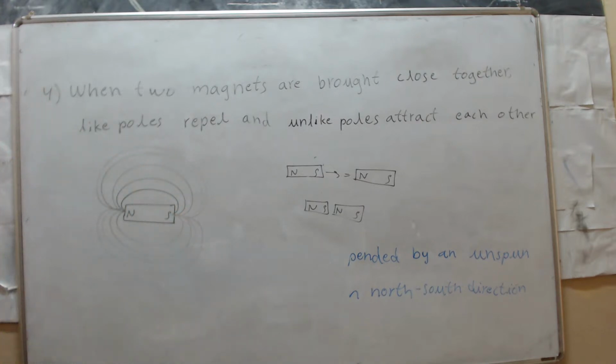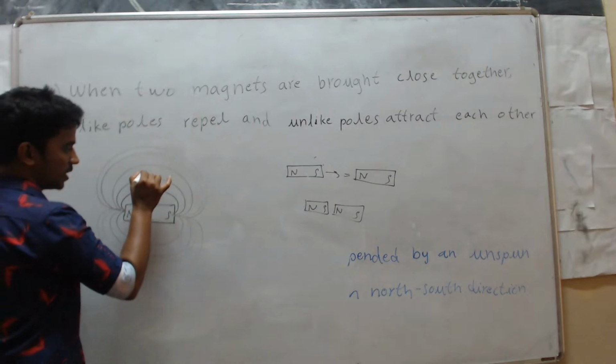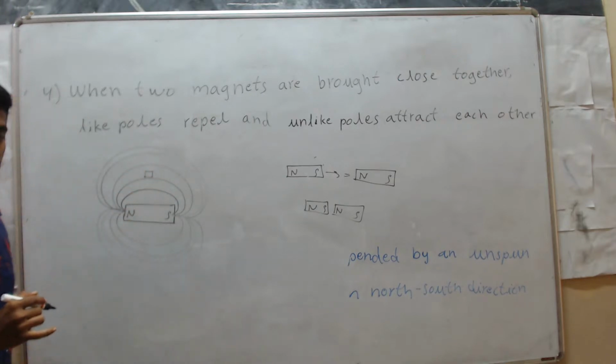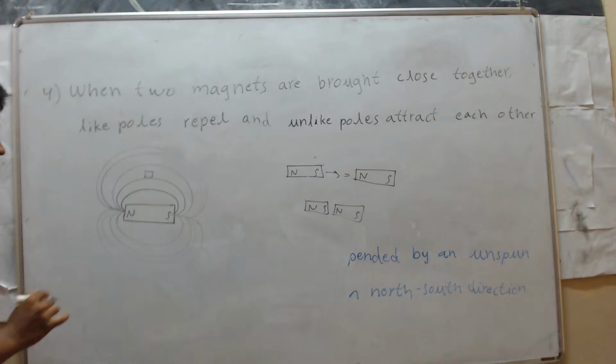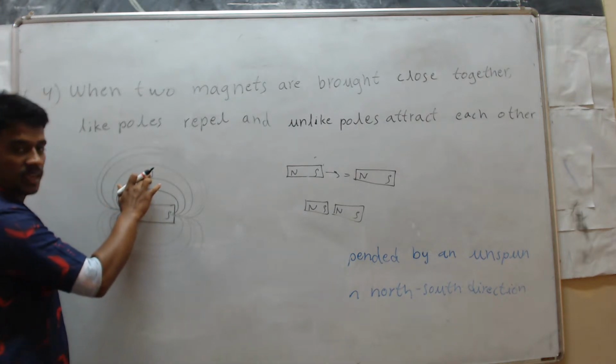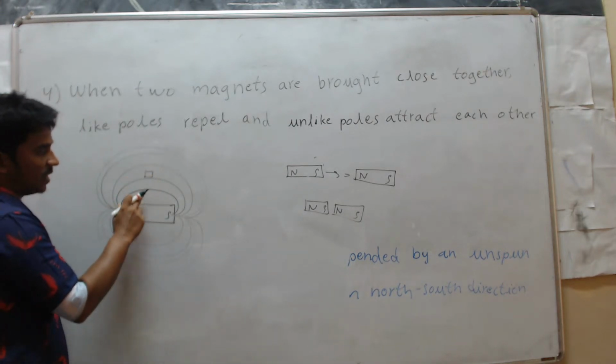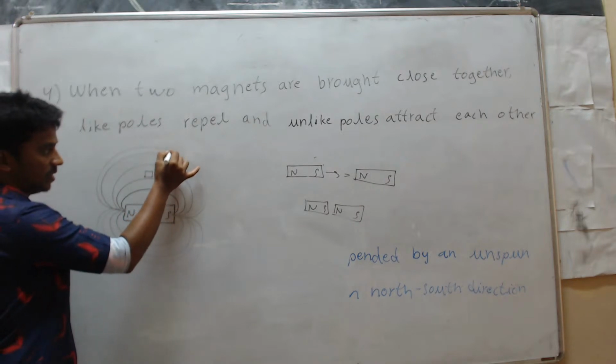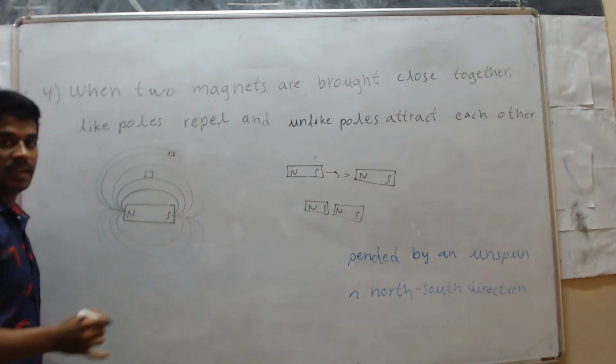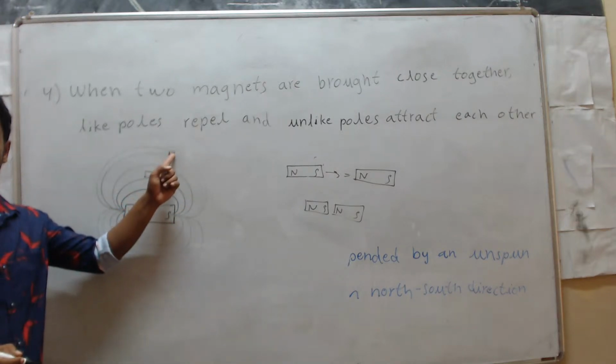See here, for example, if you keep a piece of cobalt or iron, what will happen? It will attract. Why? Because the magnetic field lines are present here. So we can say that the magnetic field has influence up to this point.